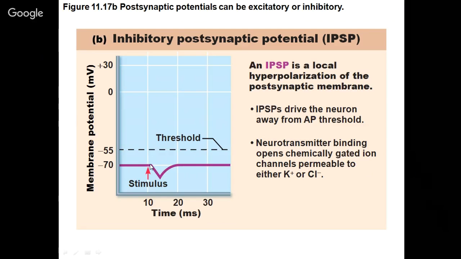The membrane potential moves further away from the threshold level of the postsynaptic membrane. You would see here the threshold level is minus 55. You would receive the stimulus at minus 70. Because the membrane becomes more negative, the membrane potential goes further down. It could be maybe minus 80, minus 90, and so on.